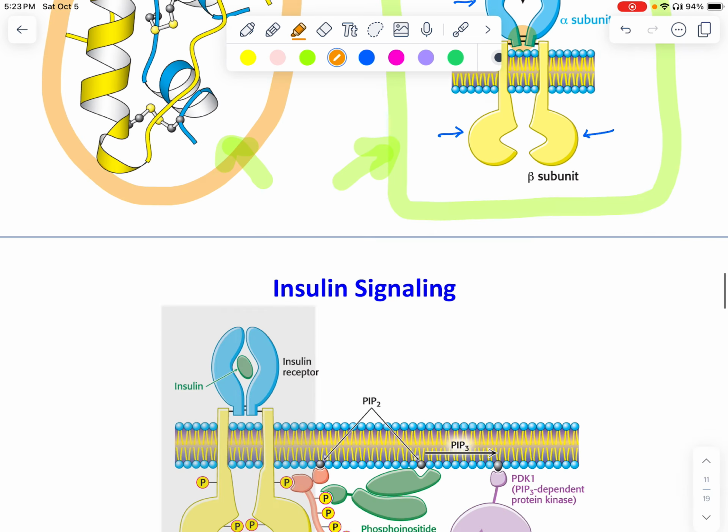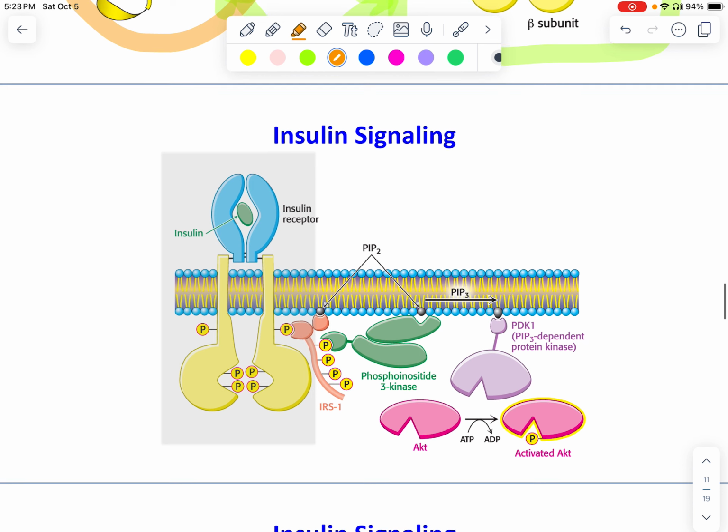Okay, we are going to step through this process step by step. So where you see the gray box right here, that's the part we're focusing on. So let's take a look. We've got our extracellular side up here, so outside the cell. We've got our intracellular part.